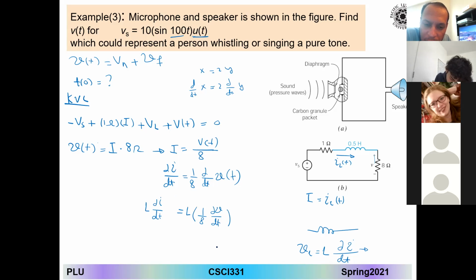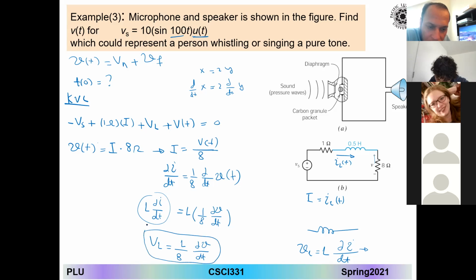Everybody agree with me? So basically this part here is VL, so L divided by 8 dV by dt. Any questions with that?